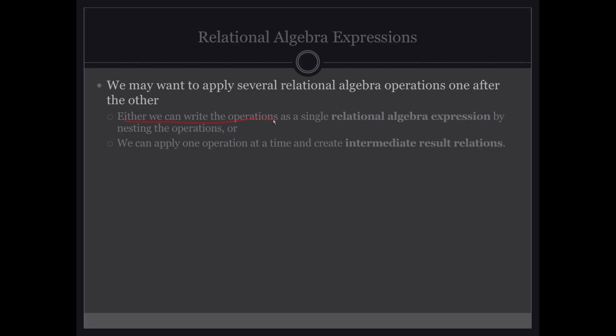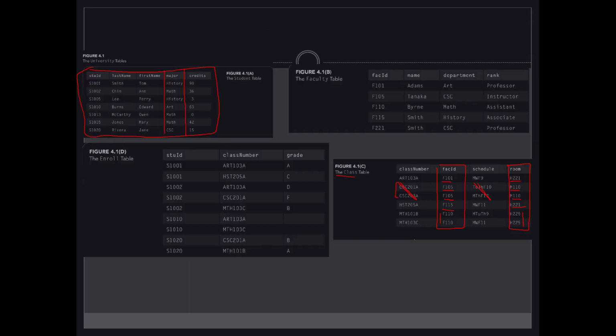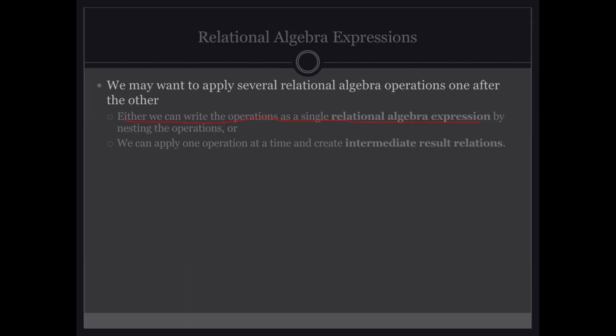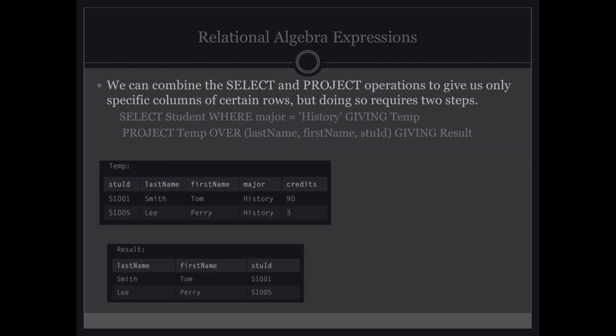Either we can write the operations as a single relational algebra expression by nesting the operations, and that's what I did here, or you can apply one operation at a time and create intermediate result relations. And this is as is done in this example. They do this selection and they put the result in temp, and then they take temp and use it as the original table in the project operation.